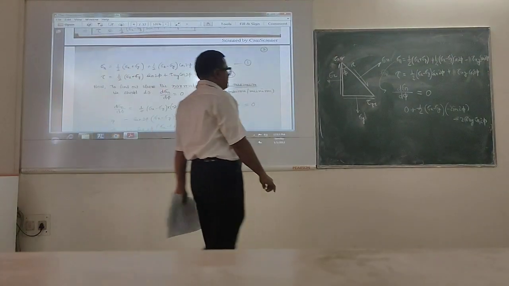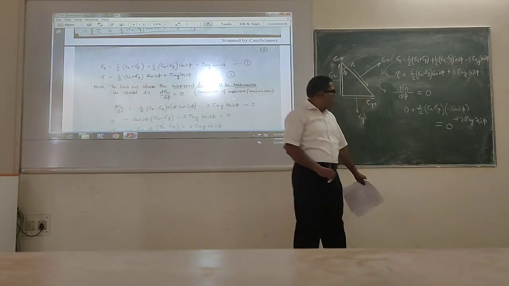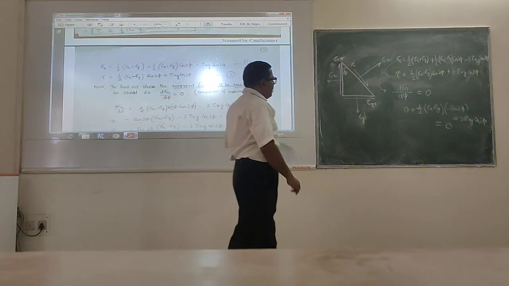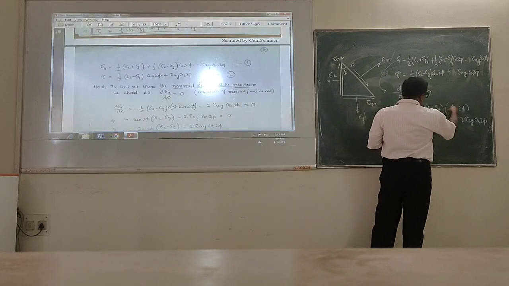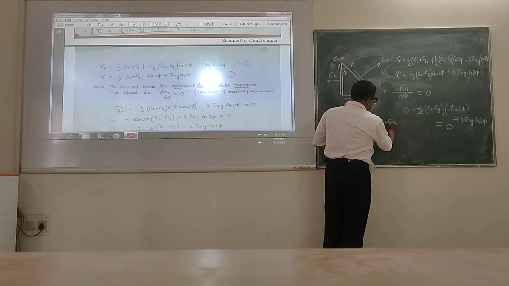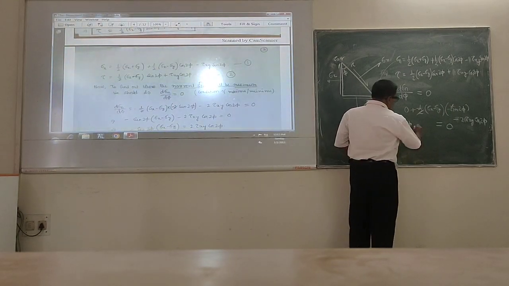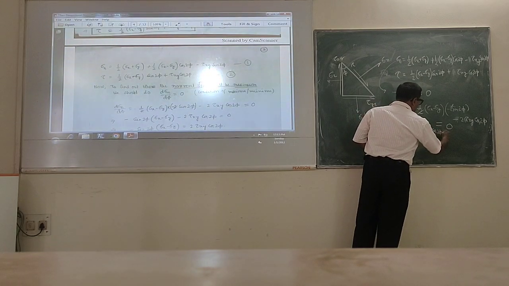Now if we make this term equal to 0, you will get a simplified version: the 2 cancels out, and sigma x minus sigma y, with the minus sign coming out from here, multiplied by sin 2 phi, minus 2 tau xy cos 2 phi, equal to 0.